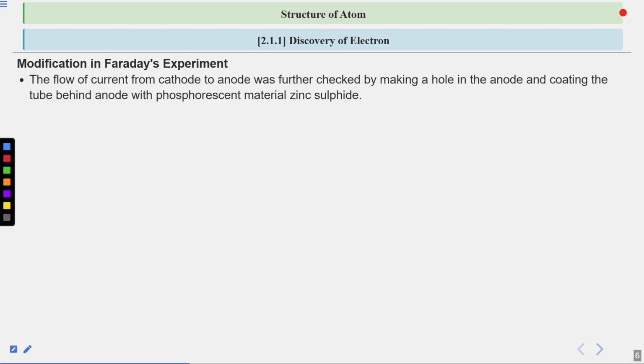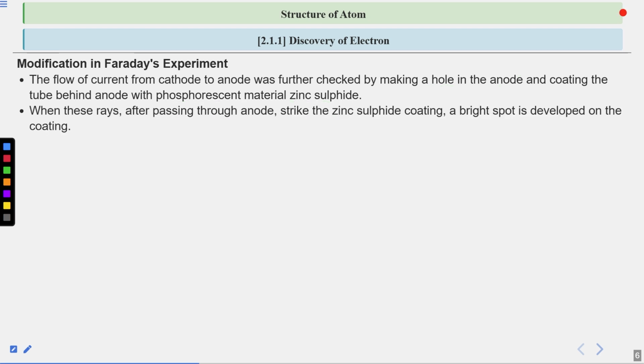So at the end of the, say, cathode ray tube, he made a small hole in the anode, and the tube was coated with phosphorant material, zinc sulfide. And after this, when he tried to pass the current or applied the same voltage, he observed a bright spot that was developing on the coating.